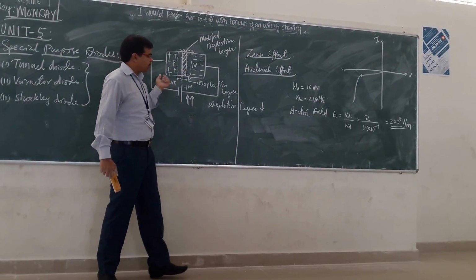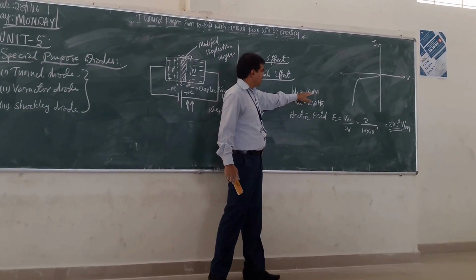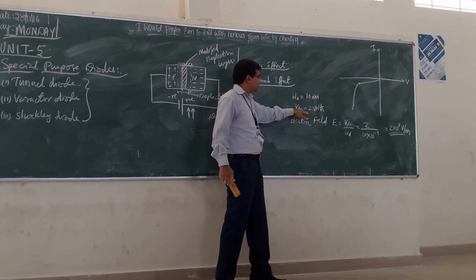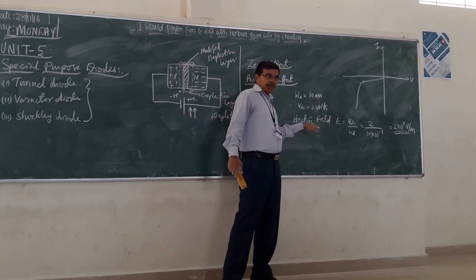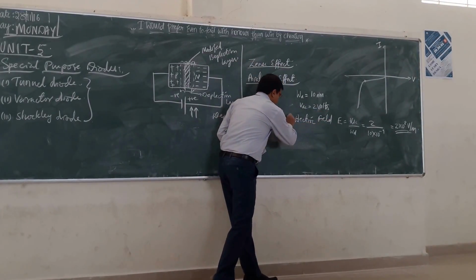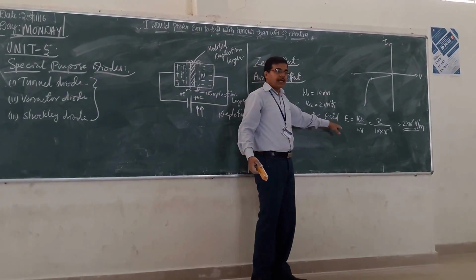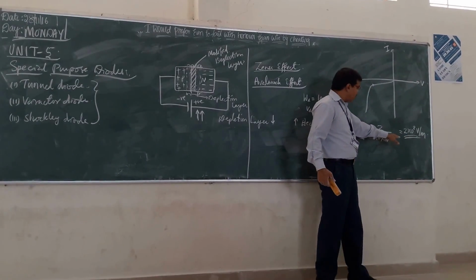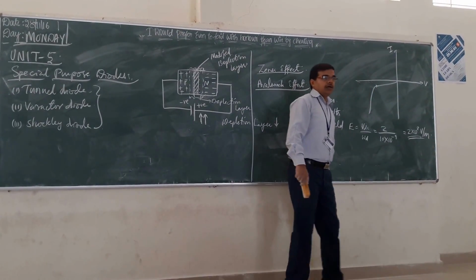Let us assume the width of the depletion layer is 10 nanometers, and the external voltage that we apply is 2 volts. Then you will have an increased electric field of around 2 into 10 to the power 8 volts per meter.